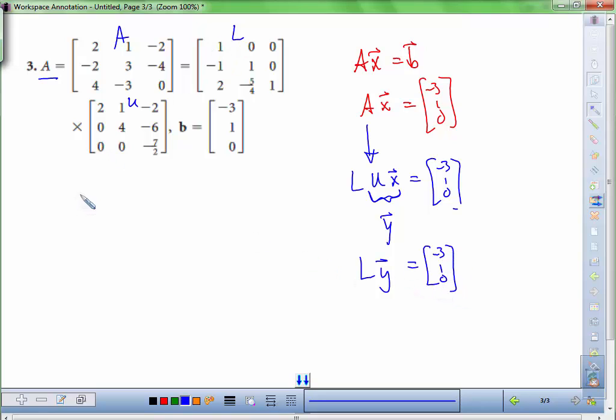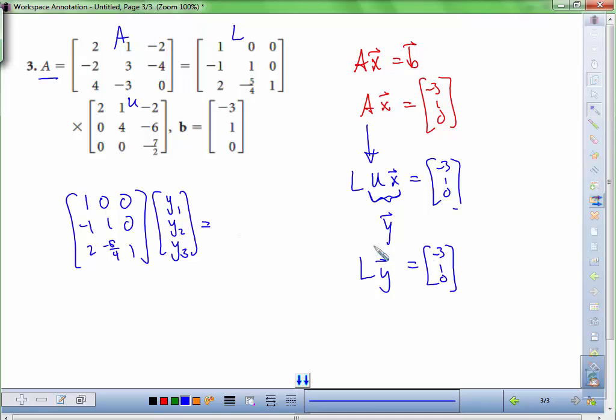So L is equal to this: 1, 0, 0, negative 1, 1, 0, 2, minus 5/4, 1, times some unknown y vector, is equal to minus 3, 1, and 0. If we list this out, we're going to get y1 plus 0 is equal to negative 3. So we got a value for y1.